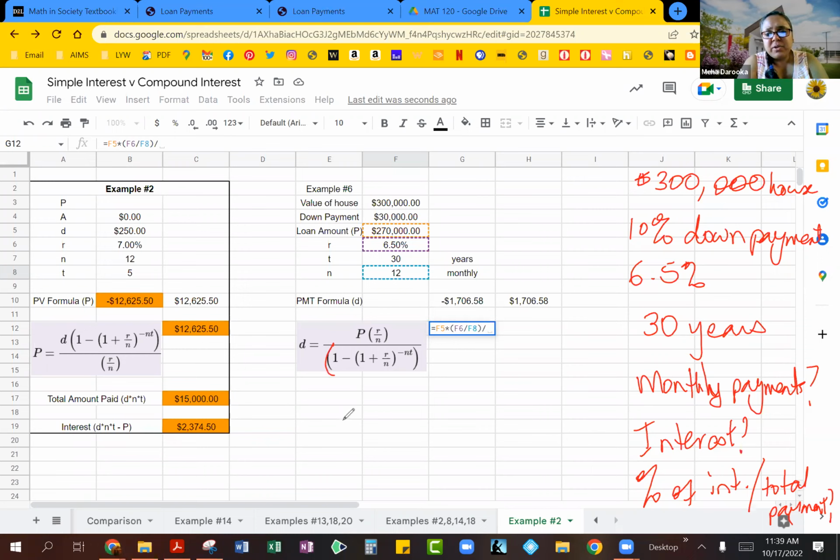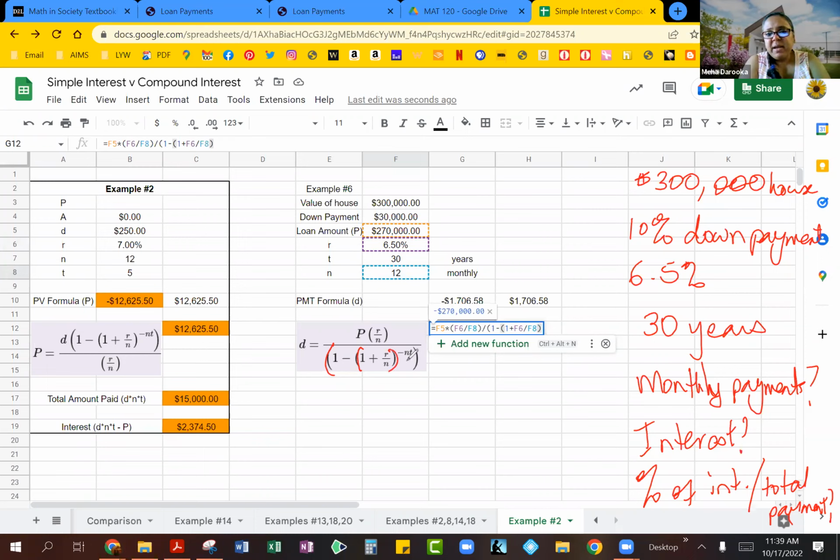So you'll start out with your open parentheses first. So we'll do open parentheses, then you have the 1 minus, after that, 1 minus parentheses again, and that'll represent this second one. And then we're going to be typing in 1 plus R divided by N. So 1 plus R, which is the 6.5%, divided by N, that's 12. Close parentheses. So this is closing up our first set over here.